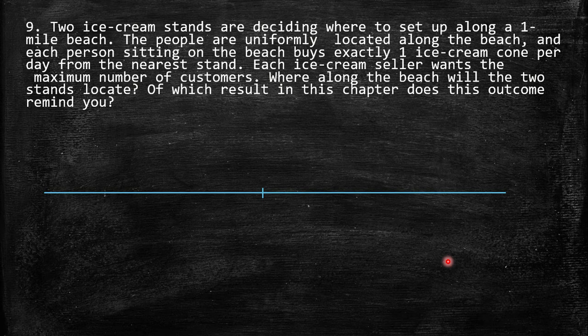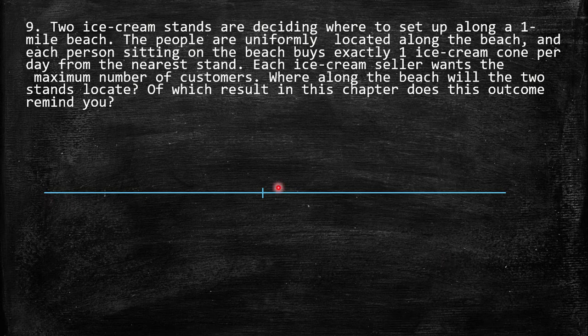So your decision is to buy from the ice cream stand that is closer to you, and you're going to buy just one. Each ice cream seller wants the maximum number of customers. Then, where along the beach will the two stands be located? Of which result in this chapter does this outcome remind you?